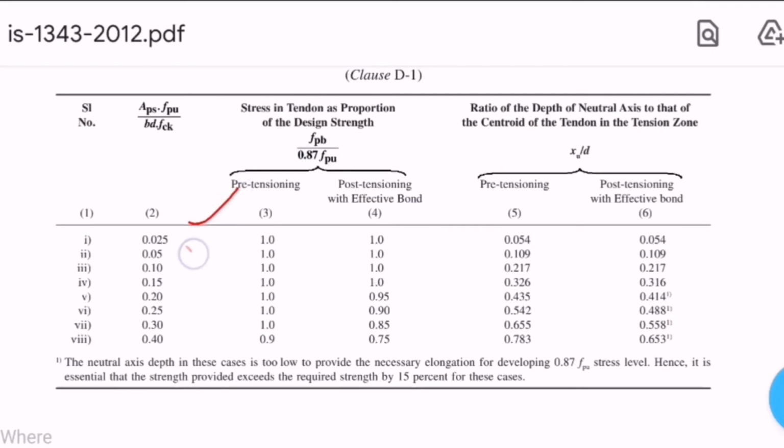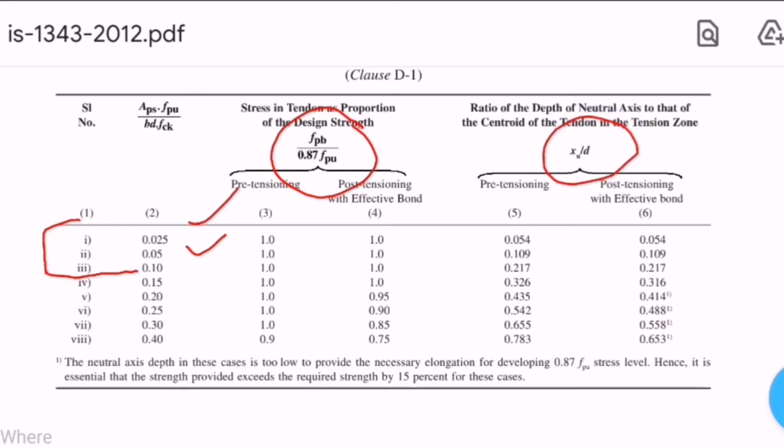So if we are getting 0.04 or 0.03, we have to interpolate between these two values and calculate accordingly the corresponding values of FPB by 0.87 FPU and Xu by d.